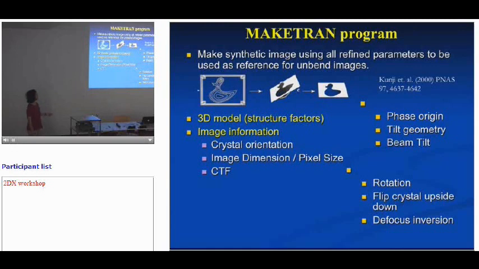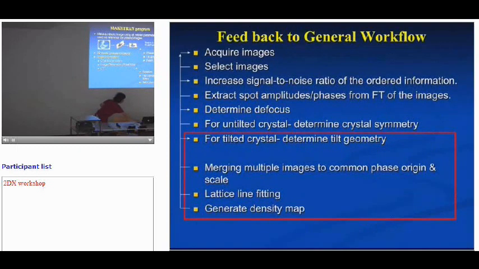So basically, it's the other way around. Now you end up having a reference inside your reference. You can use it for Fourier unbending that's better than using a piece that's just cut off from the image. So with that, that's all I have.